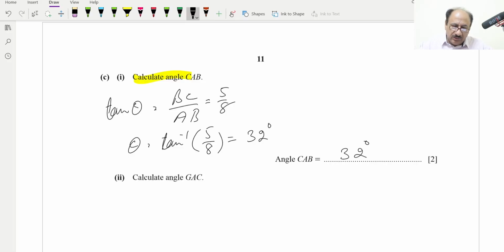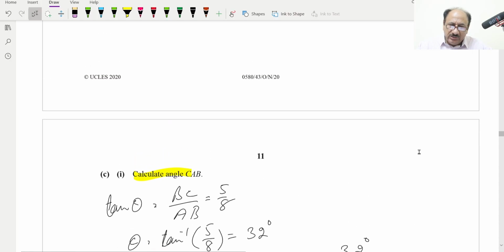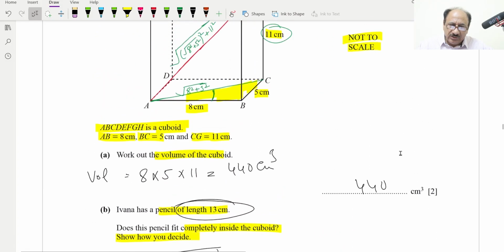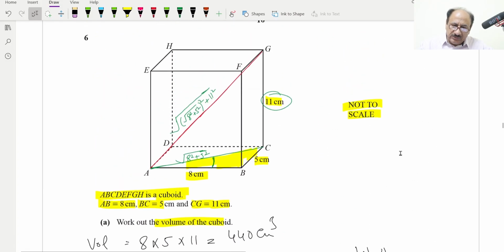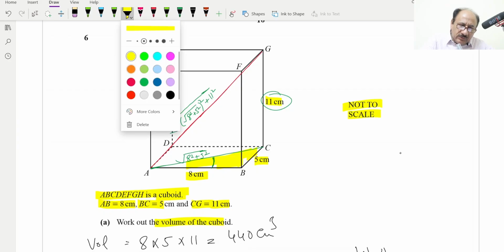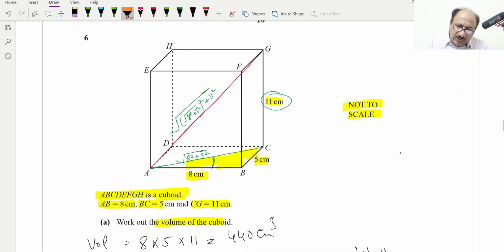This will be the angle. Now the next angle we have to find is GAC. So GAC is which angle? GAC is basically this angle. If I highlight this angle, basically this triangle we will be considering.